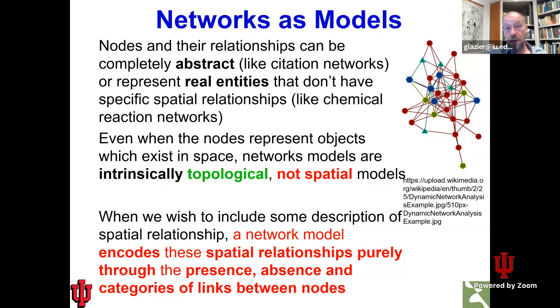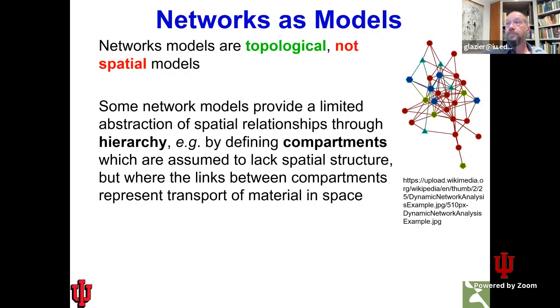It's possible sometimes to build surrogates for spatial relationships in networks. And we may talk about that a little bit later on. In these pharmacokinetic models, there often are surrogates for spatial relationships. And when we model immune response, where we have cells that have to go back and forth to the lymph node, we'll have surrogates for spatial relationships as well. But in general, networks are topological models, not spatial models.